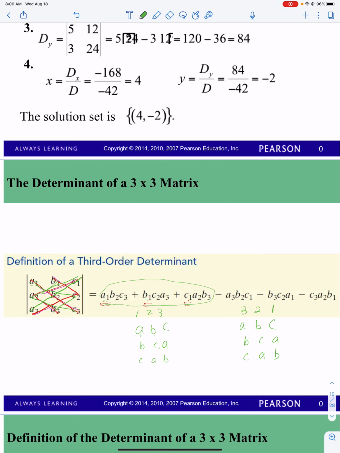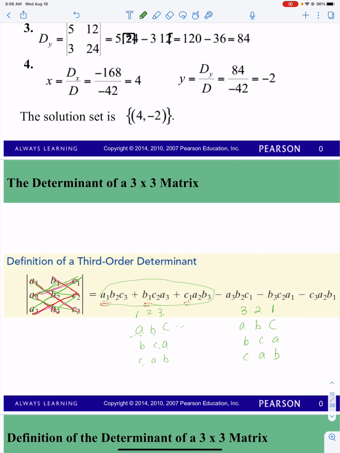A goes first, then A goes to the last and B goes first. The numbers going first are 1, 2, 3 for the positive terms and 3, 2, 1 for the negative ones. That's very important. This is how you remember the rules.